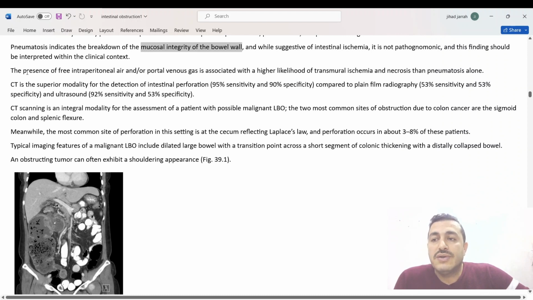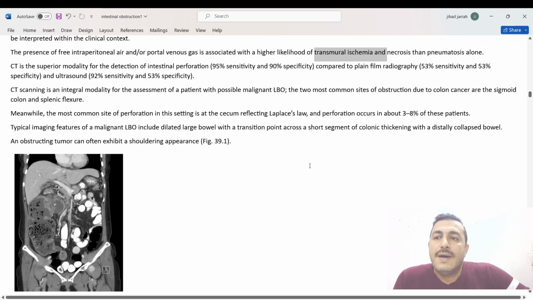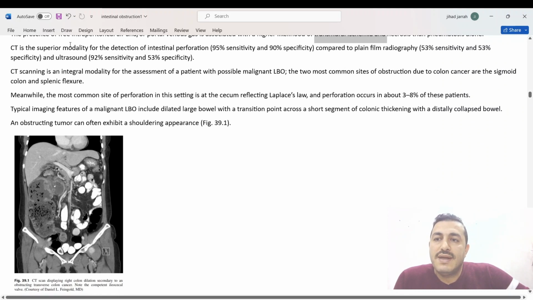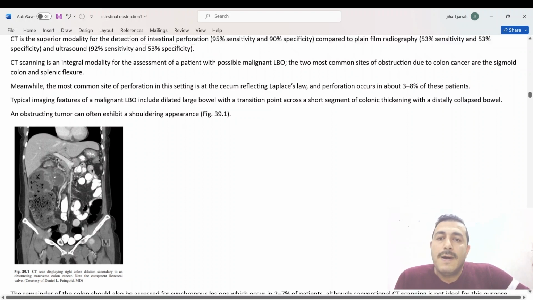Also, in contrast, portal venous gas and pneumoperitoneum, intraperitoneal air, are more likely to be associated with transmural ischemia and necrosis. We said that the sensitivity of the CT scan is higher when we compare it to X-rays.